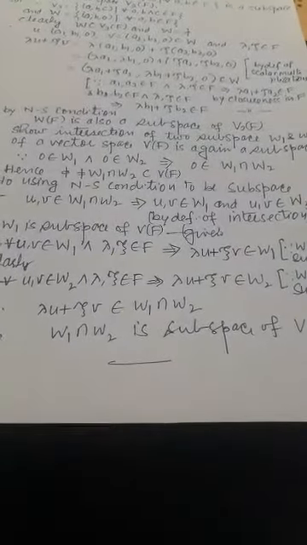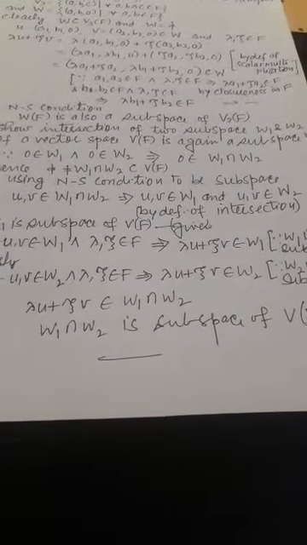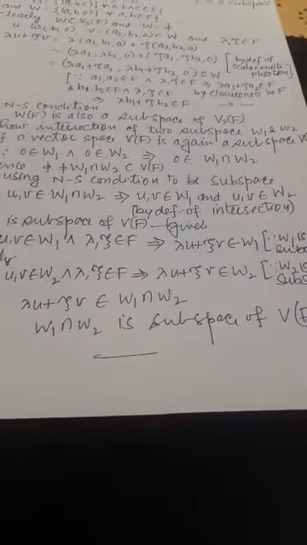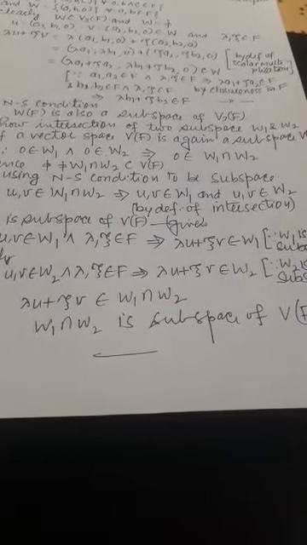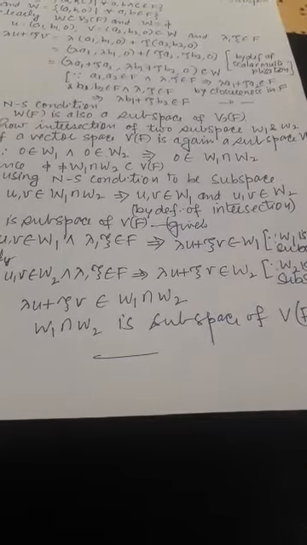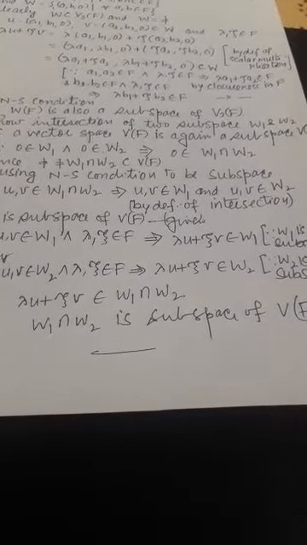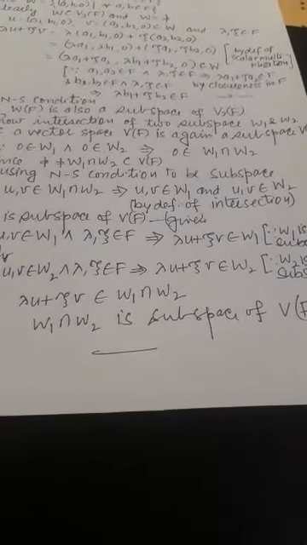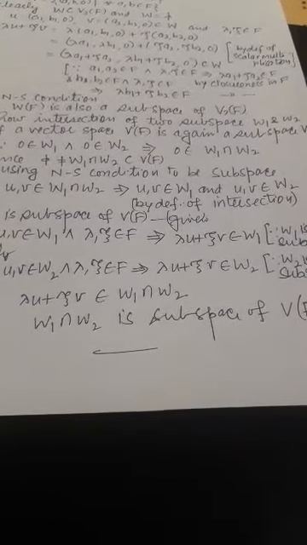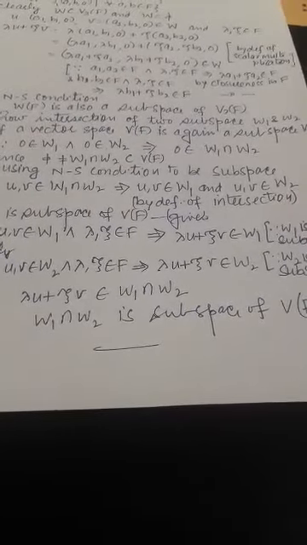Since W1 is a subspace of the vector space over the field F, it is given. So by the NS condition, for all u, v belonging to W1 and for all lambda and xi belonging to F, lambda u plus xi v is contained in W1 by the necessary condition.